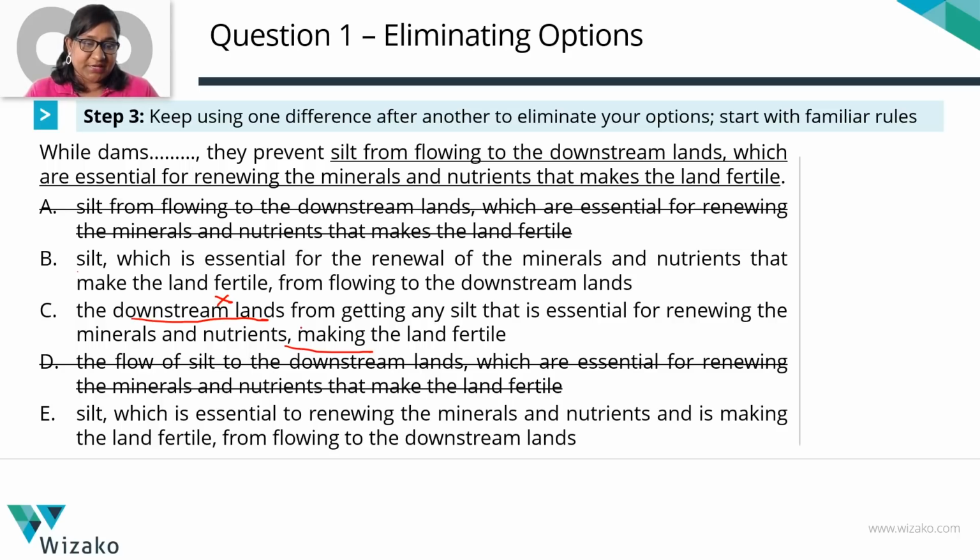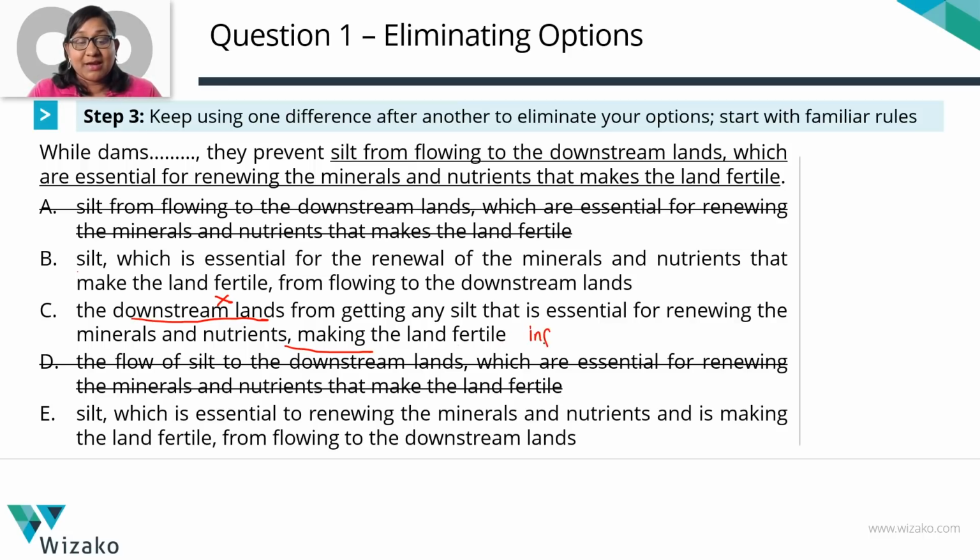So what's the first event here? They prevent the downstream lands, making the land fertile. The meaning of this answer option is that because they are preventing the downstream lands, they are making the land fertile, which does not make any sense whatsoever. At least if you said they prevent the downstream lands from getting silt, which makes the land infertile, that would make a lot better sense.